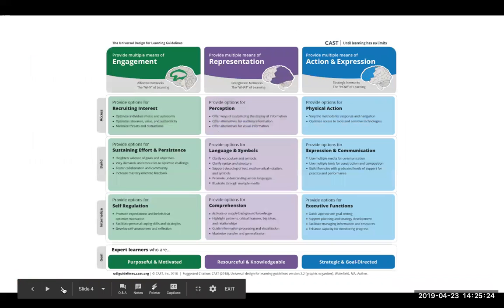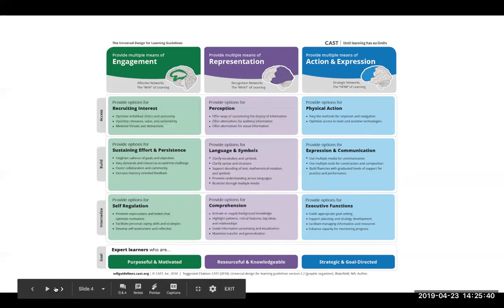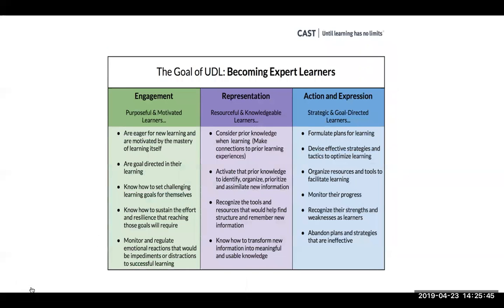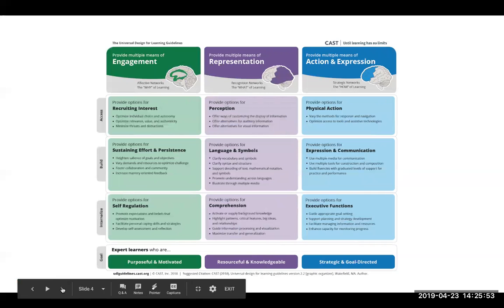If you look at the bottom of the engagement principle in the UDL framework, you see those words purposeful and motivated. And so the framework is organized as if to say, if you do this stuff right, you will support learners through your design to be purposeful and motivated. What does that really look like? And then here on this sheet are the characteristics of what purposeful and motivated looks like in a learner. And that holds true for the other principles as well.